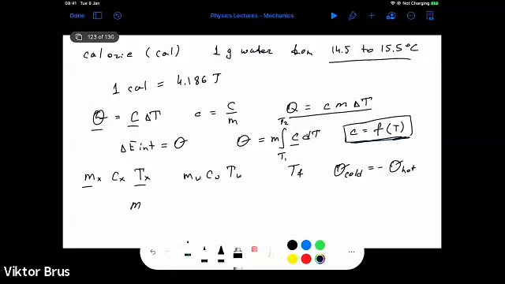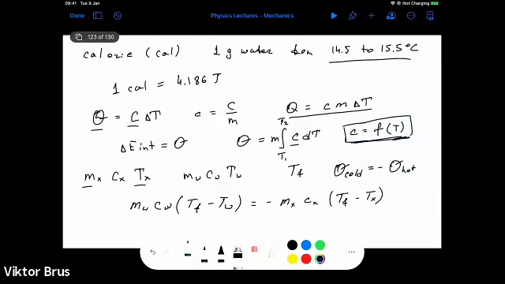We'll have the mass of water times the specific heat capacity of water times the difference in final and initial temperatures of water, equal to minus mx, the mass of the material which we want to investigate, times its unknown specific heat capacity Cx, times the difference between the final and initial temperature Tx.